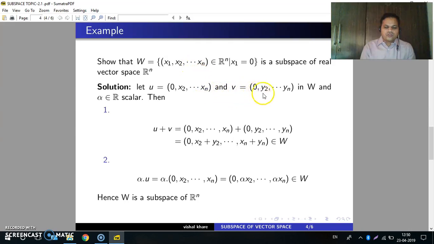Similarly, v is equal to (0, y2, and so on, yn). Here also the first coordinate is equal to 0, therefore this element belongs to W. And alpha belongs to R, meaning alpha is a real number.